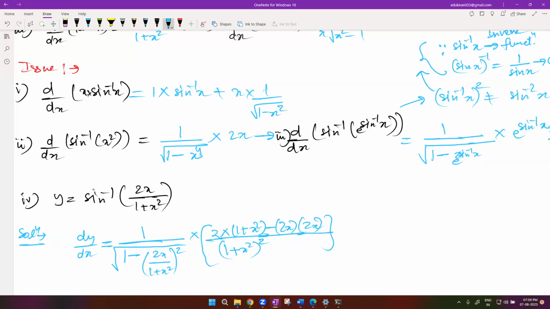And you can further simplify the whole expression. This will reduce down to some very simple expression. Okay, let's reach that expression also.